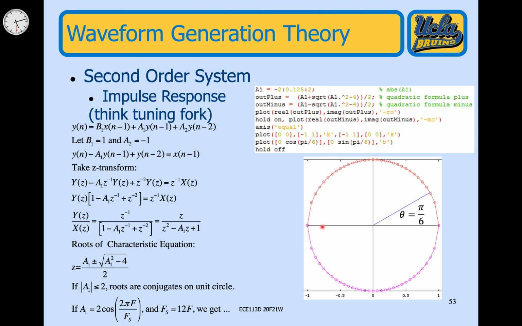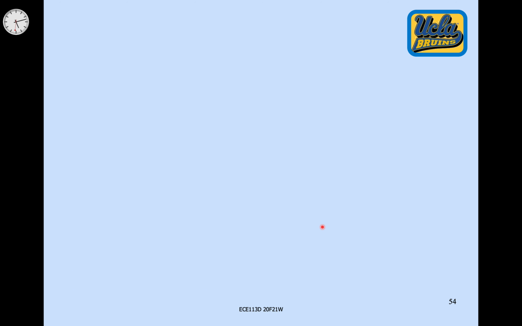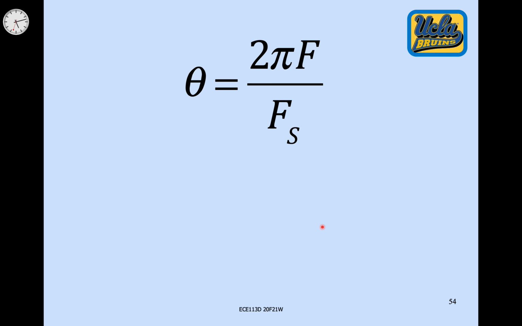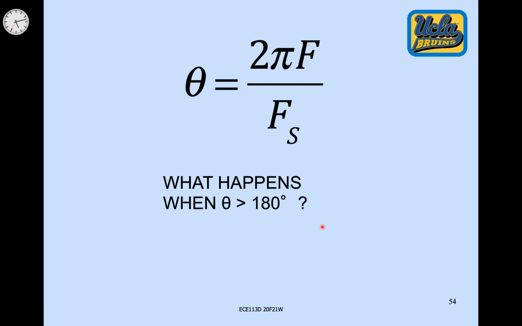And at that point, what happens when theta gets to be larger than 180 degrees? If theta equals pi, or theta is greater than pi, that means 2f over fs is greater than 1.